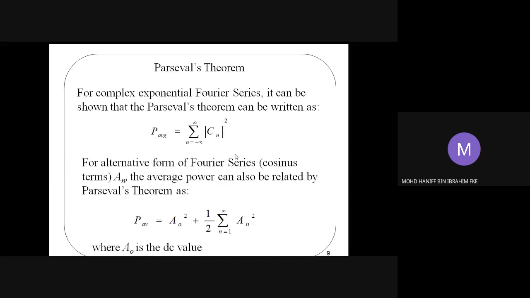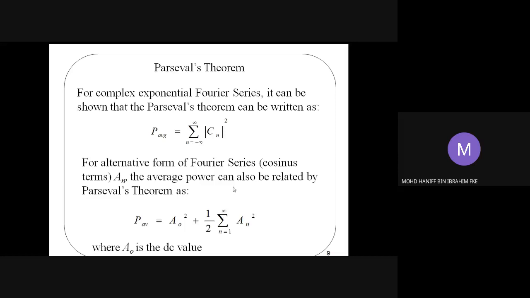And if your Fourier series is written in trigonometric cosine form, the average power can be calculated based on this equation, in which P average is A naught squared. What is A naught? A naught is the DC value, without the frequency component, plus half of the summation from 1 to infinity of An squared.